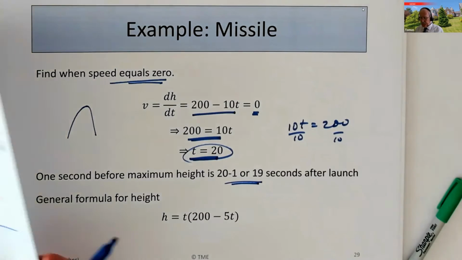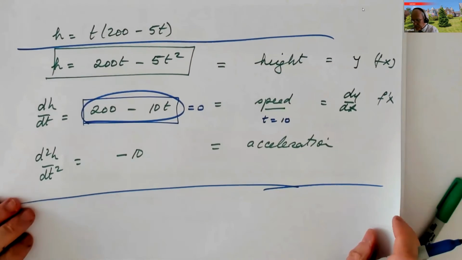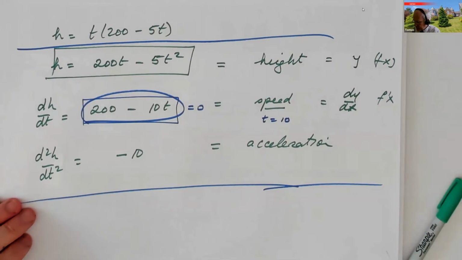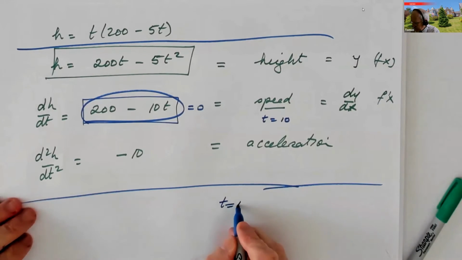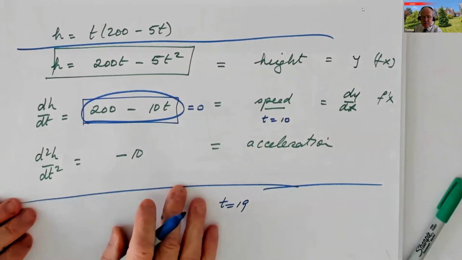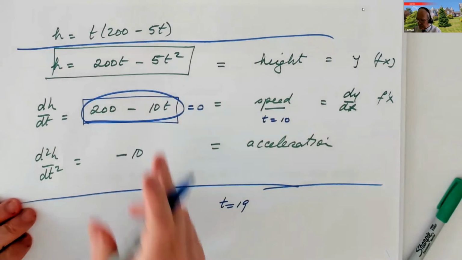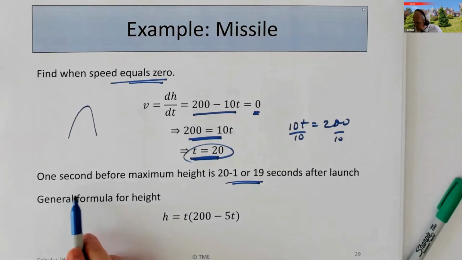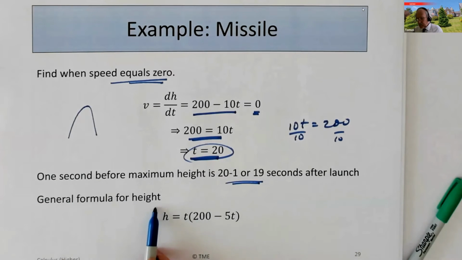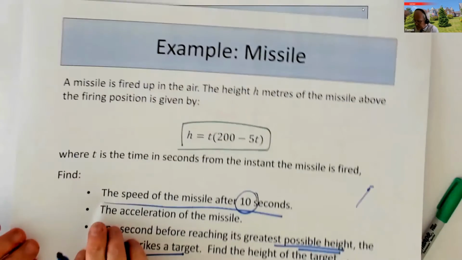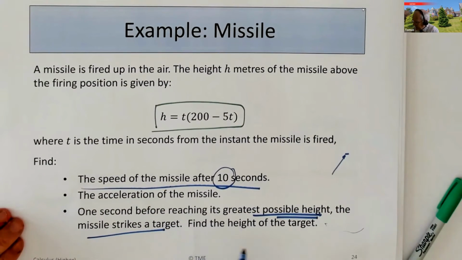And again, it's important to go back to your notes here. You said t is equal to 19, but which formula do I use? Do I use acceleration, speed, or height? And it says find the height.